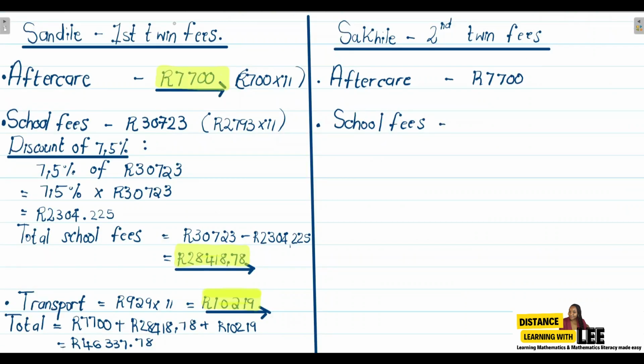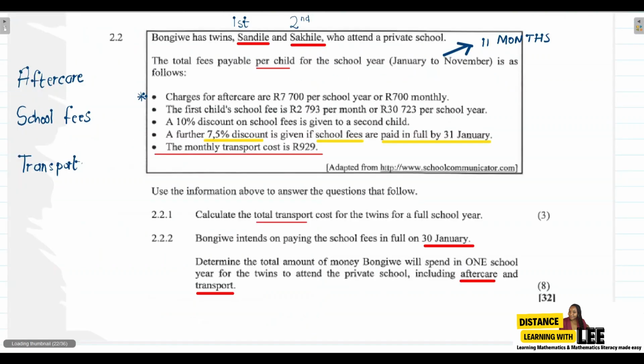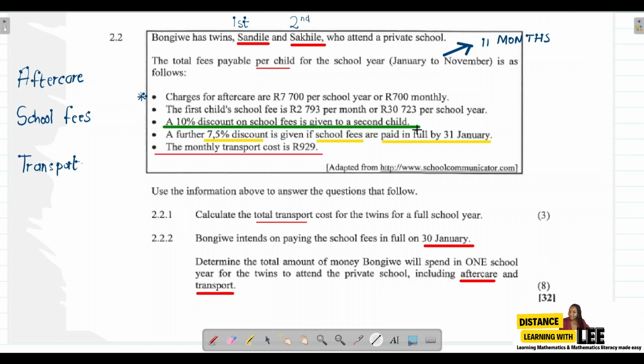Here, guys, we are given information. They told us that the first child's school fees are 2,793 per month or 30,723 per school year. And we are told that a 10% discount on school fees is given to a second child.